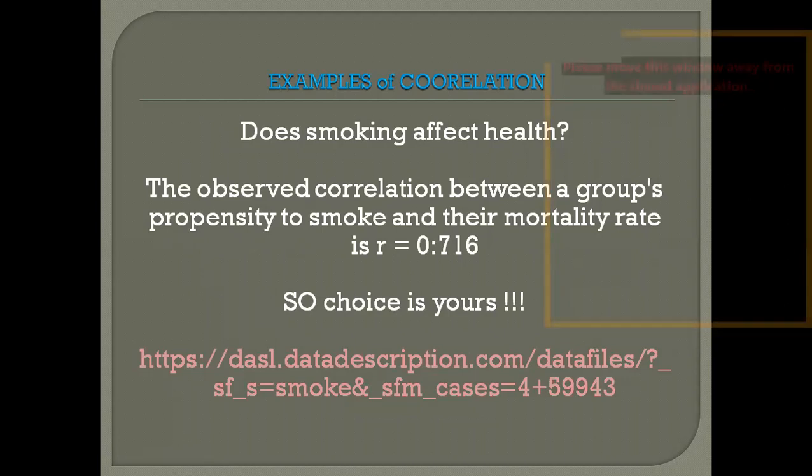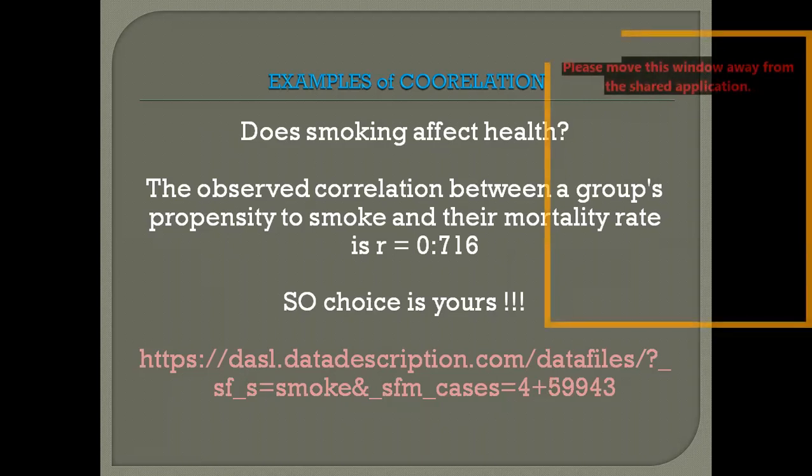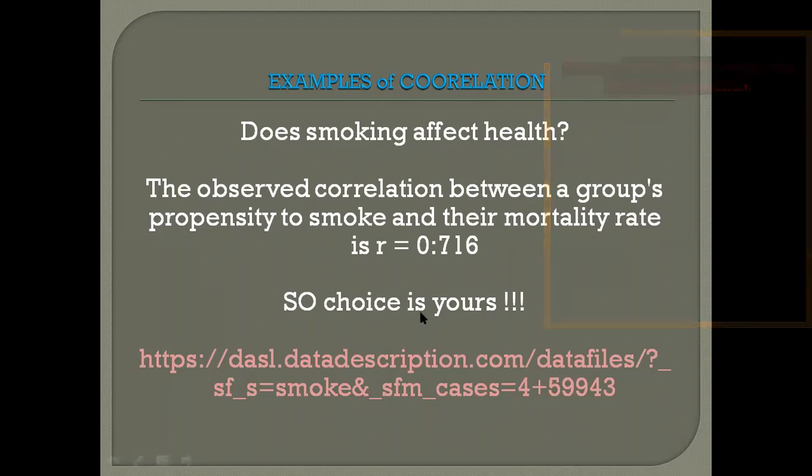So there's a high correlation: an increase in smoking, or the number of cigarettes you smoke per day, has a strong correlation with mortality, with death. So this is 0.71. That's quite high. And if you want to see the source of this correlation, you can find this data on the URL which I have mentioned.